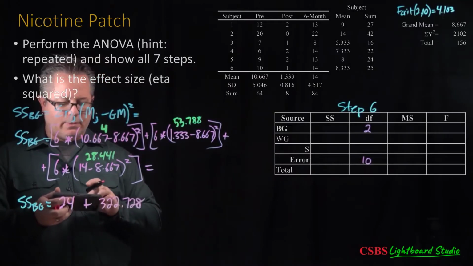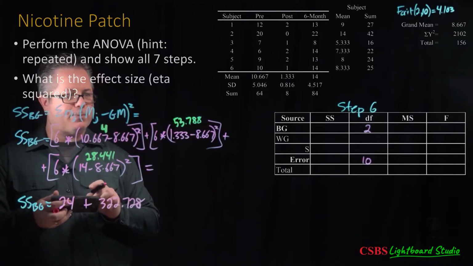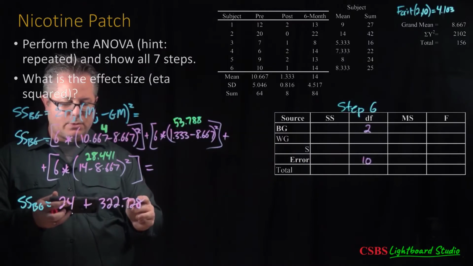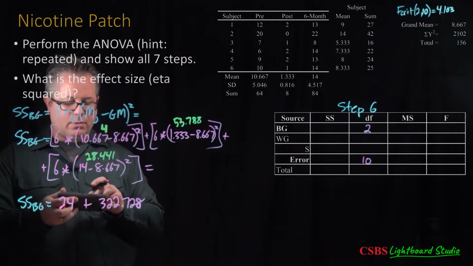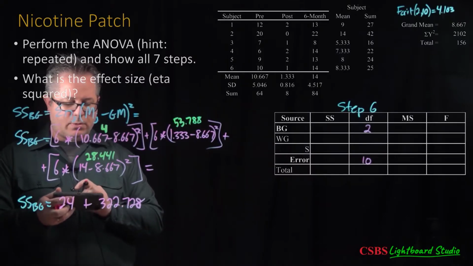That sounds about right. 53.788 times 6 equals, yep, 322.728.